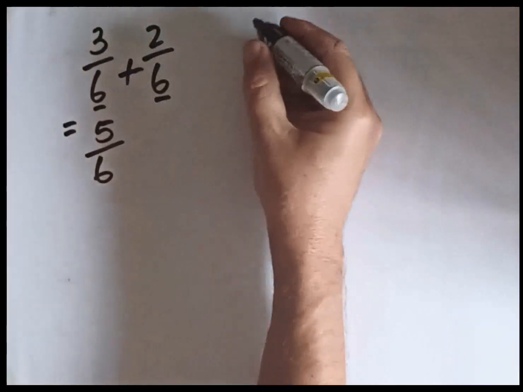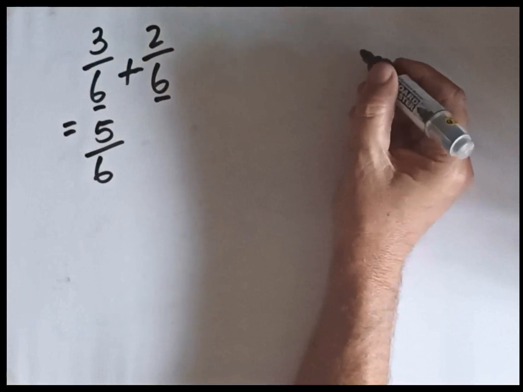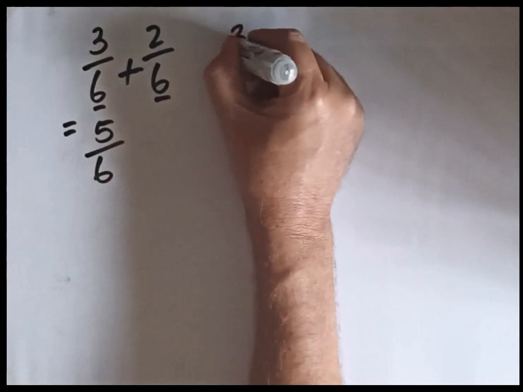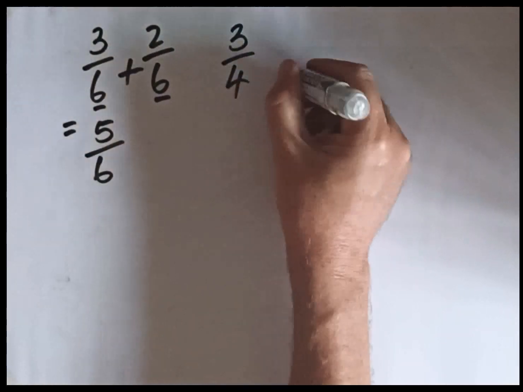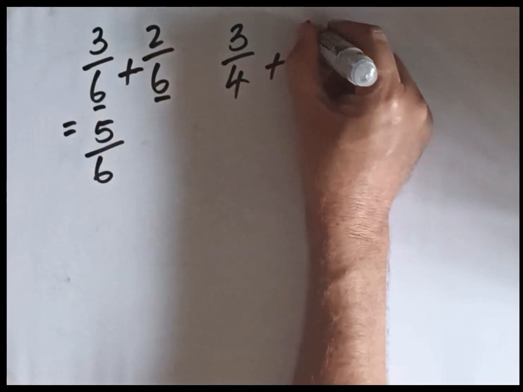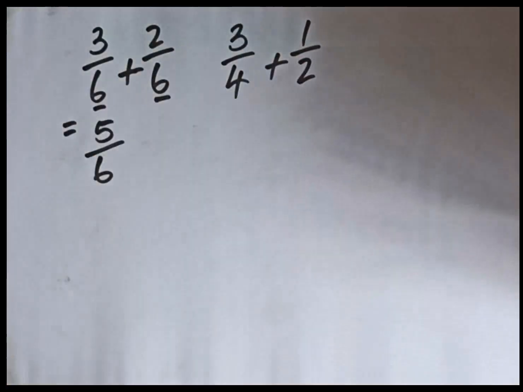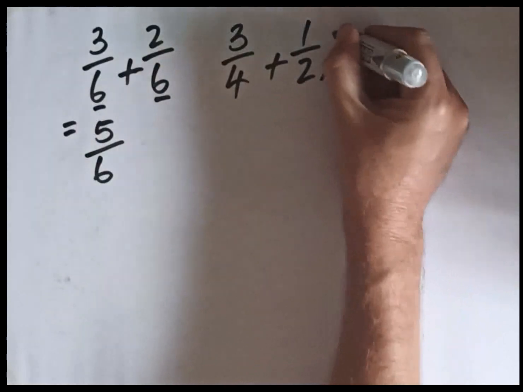Now let's look at an example where they are not the same. So let's say 3 over 4 plus 1 over 2. We're using simple fractions to explain the different steps you need to follow. So now, in grade 6 we said multiply by 2.